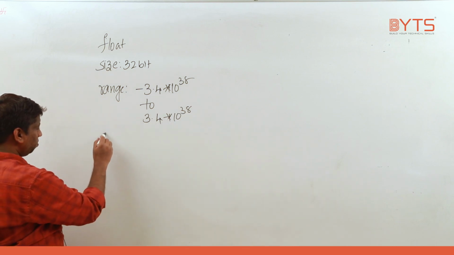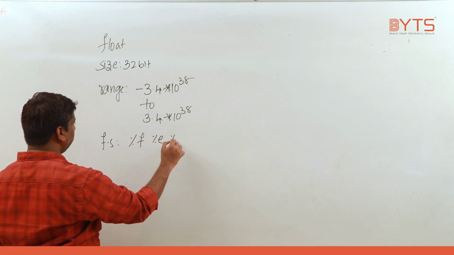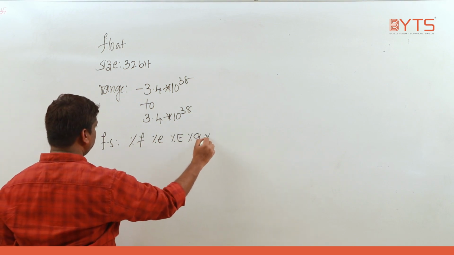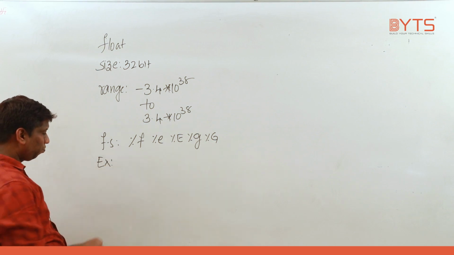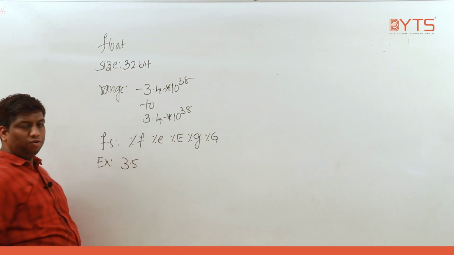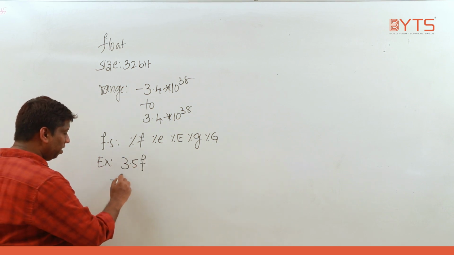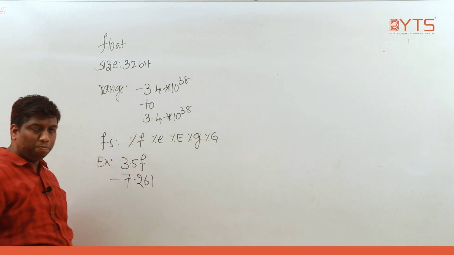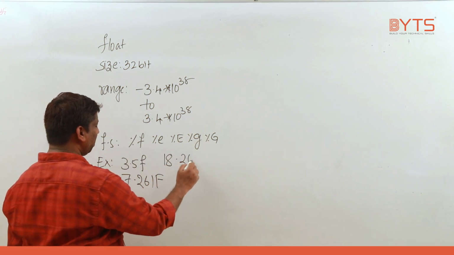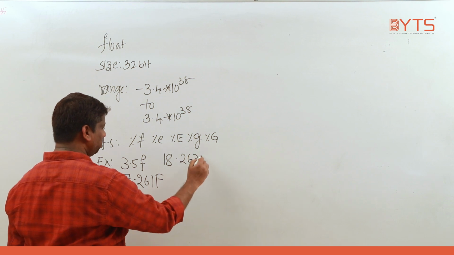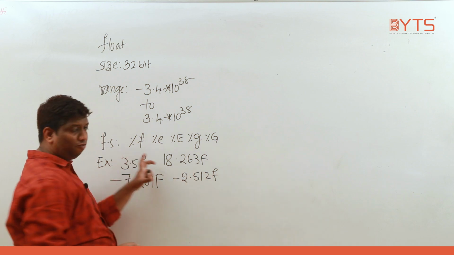Next, format specifiers: percentile F, percentile E, percentile G. Examples are a little important. 3.5, what type? Double type. 3.5F, float type. Minus 7.261, what type? Double type. Minus 7.261F, float type. 18.263F, minus 2.512F. These are all float type.